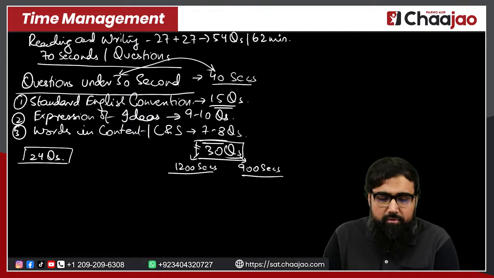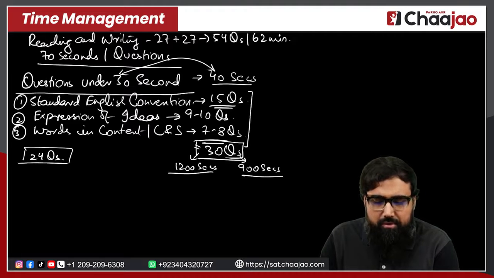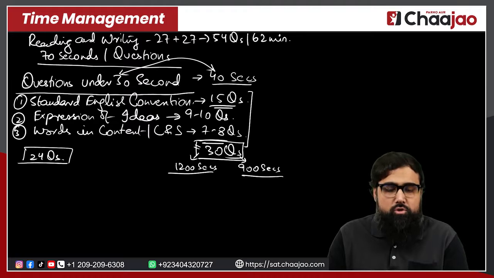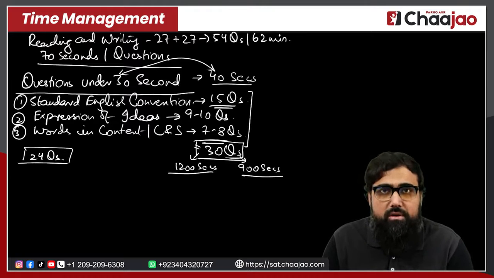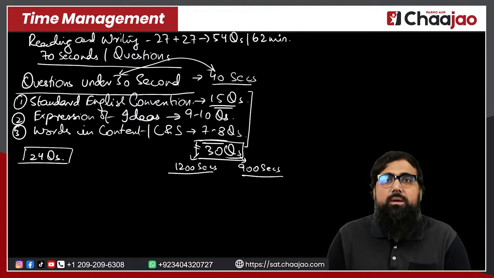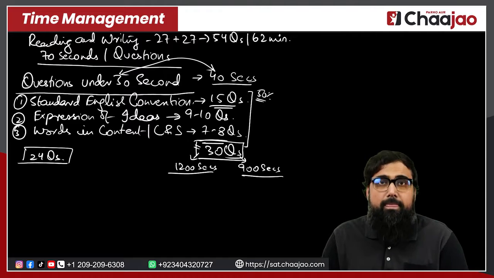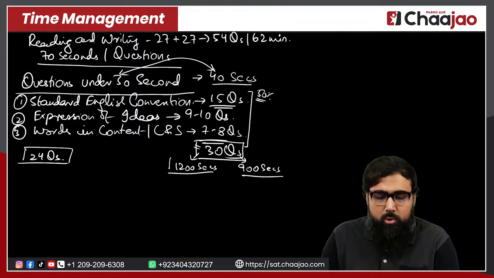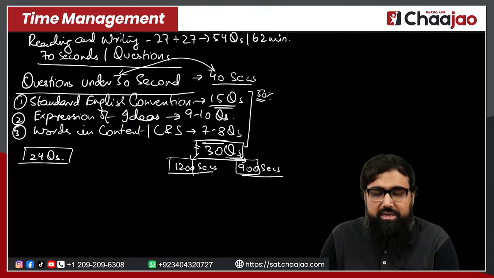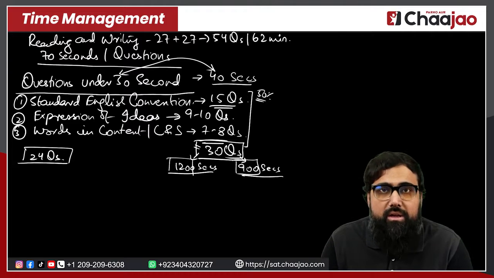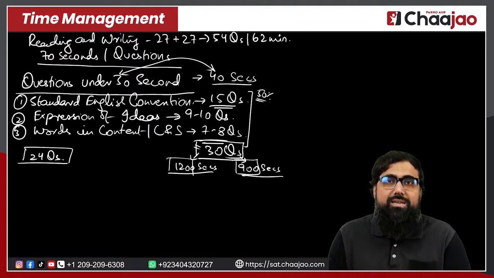Now, if you identify and solve these 3 question types first, in the time that I am suggesting, that means you have already solved around 50 to 60% of your paper and you're left with 1200 or 900 seconds, depending on how much time you have taken, in addition to the time you already have for these questions.